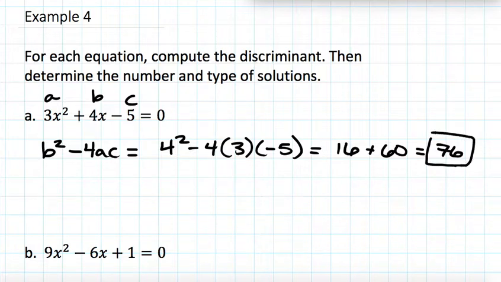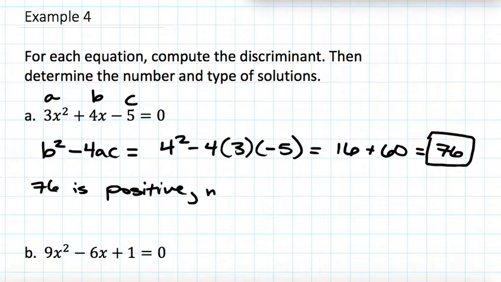On MyMathLab, this is going to be a two-part question. So first you're going to have to enter that number. Once you do that, then they'll pop up with some multiple choices for what that tells you about the number and type of solutions. So 76 is positive. It's a positive number. And it's not a perfect square.